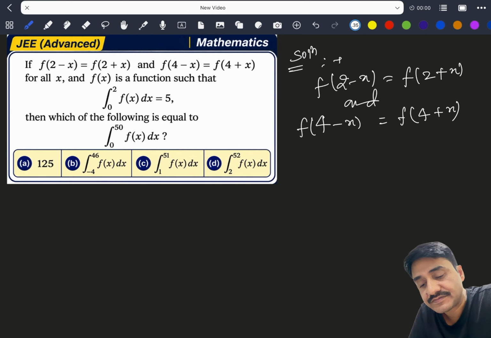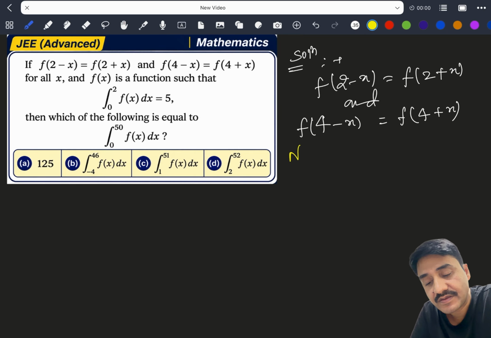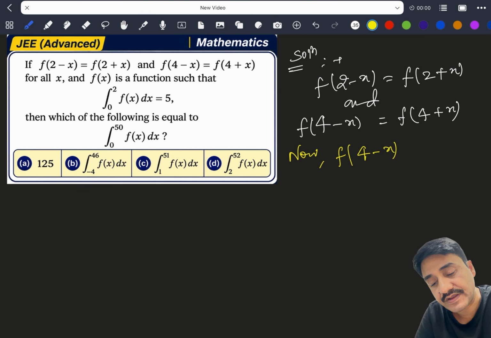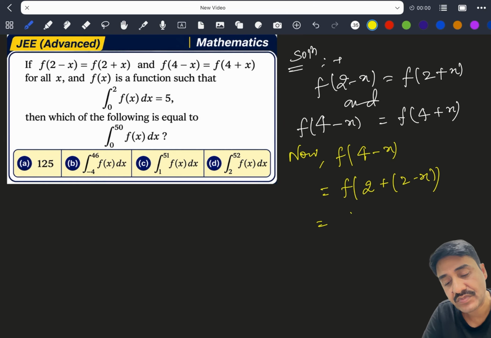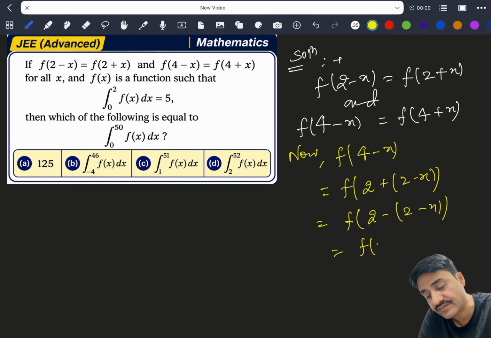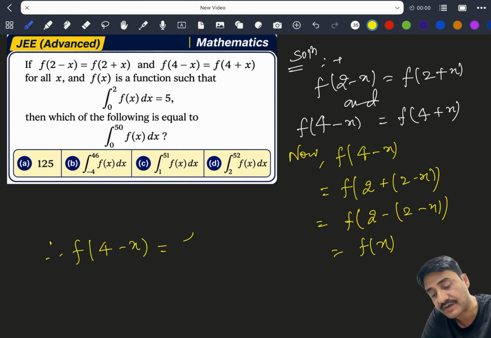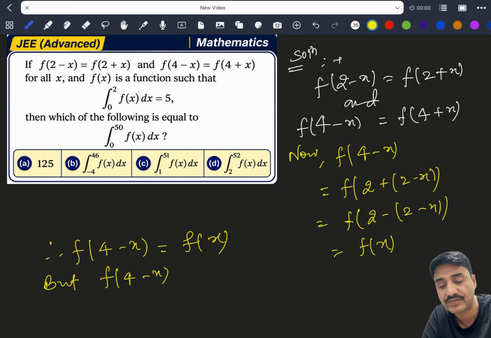Now we can write f of 4 minus x as f of 2 plus (2 minus x), and this we can write as f of 2 minus (2 minus x), and this is nothing but f of x. Therefore, for f of 4 minus x, we have obtained f of x, but f of 4 minus x is equal to f of 4 plus x. This is given.